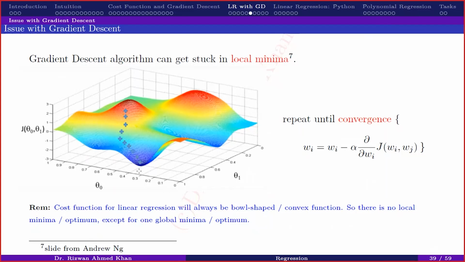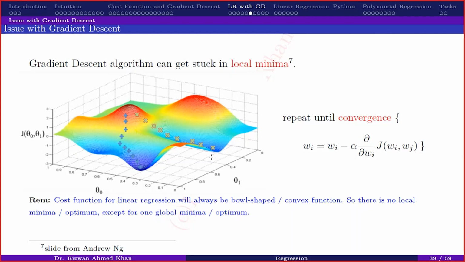But let's say the algorithm gets initialized here, just a few steps to the right of the initial starting point. Then the steepest gradient changes in a different direction and it would find a different local minimum.